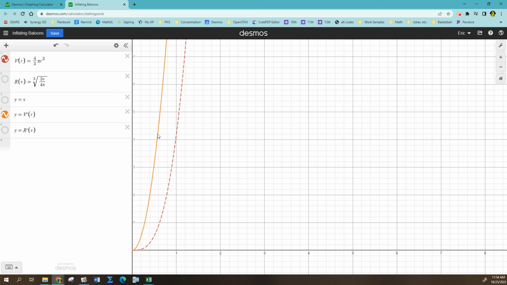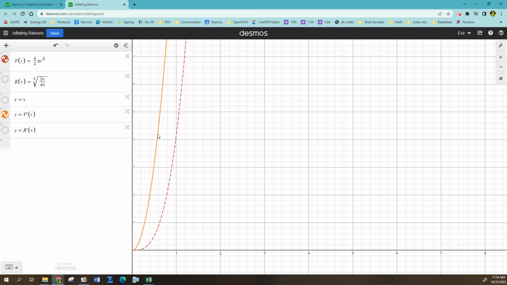But if I have a balloon with a radius of 1,000 centimeters, which means the volume is over 3 million cubic centimeters, adding 10 cubic centimeters does almost nothing, right? That impacts the total radius barely at all. Okay, so this picture really tells you why that's so initially satisfying, but eventually not at all.